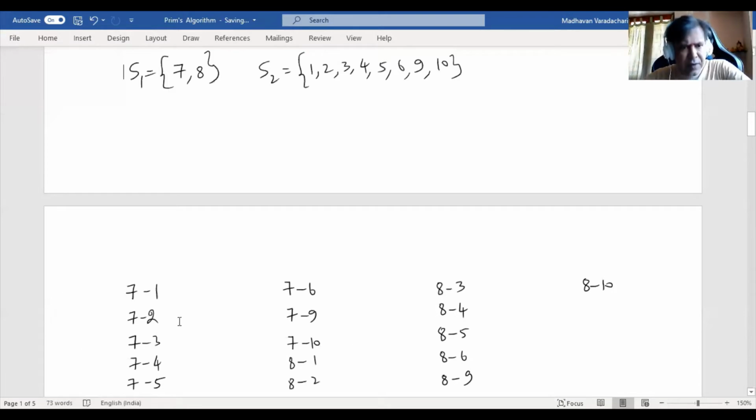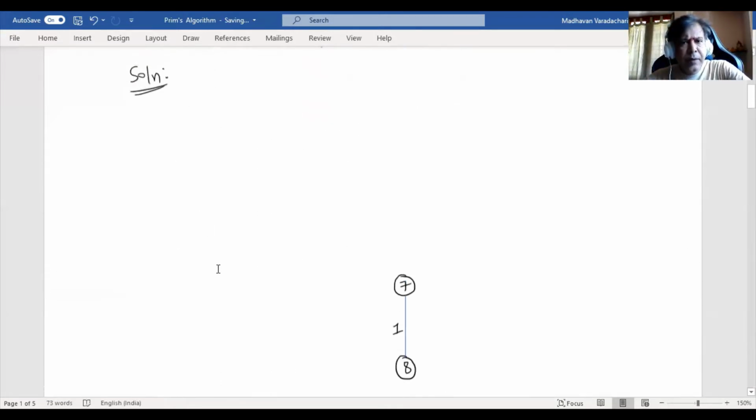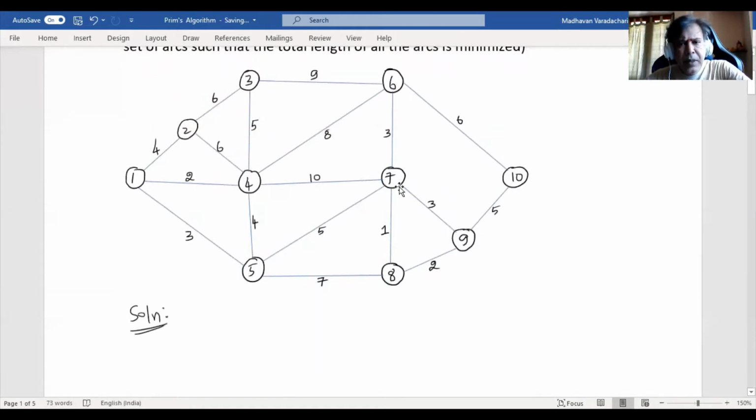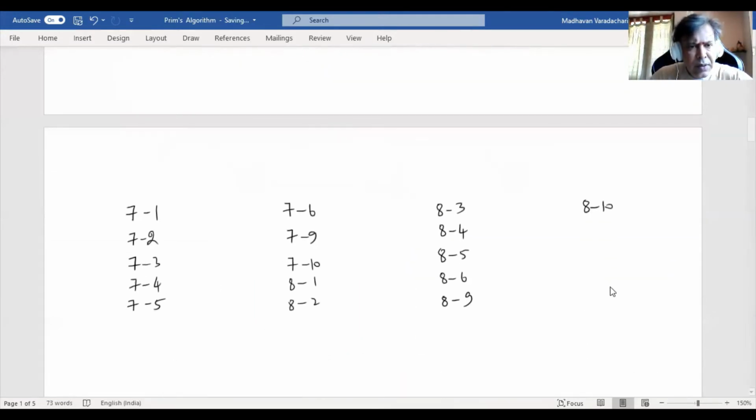Now let us check whether we have 7 to 1, meaning is there an arc connecting 7 to 1 in the diagram. There is no direct arc connecting 7 and 1, so I put a cross there.